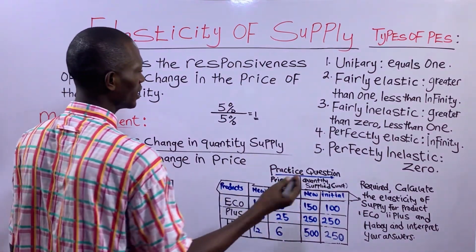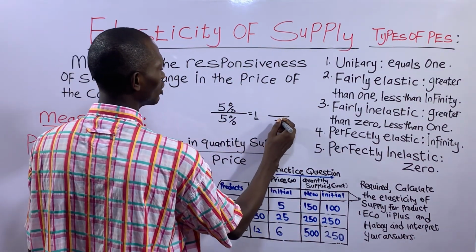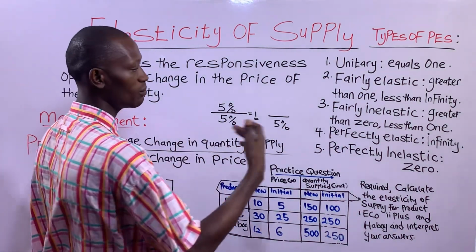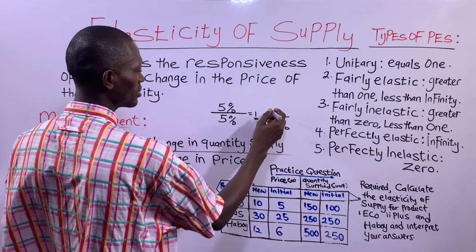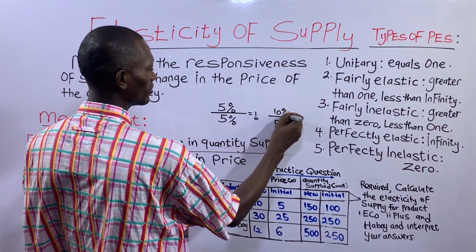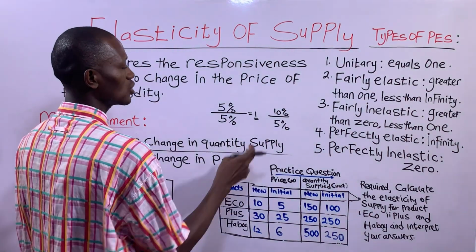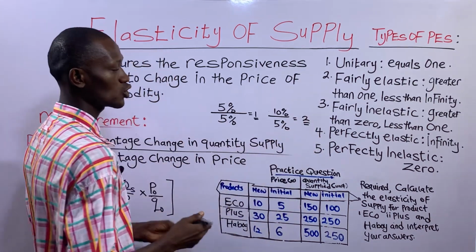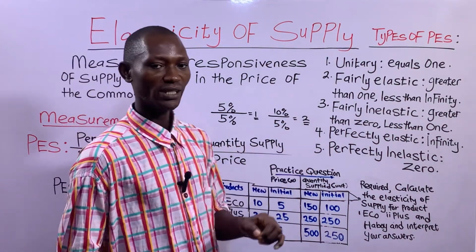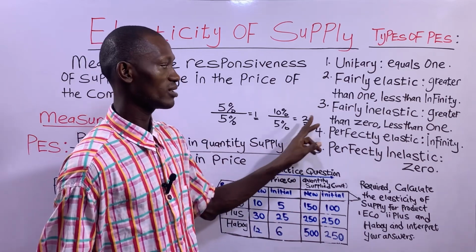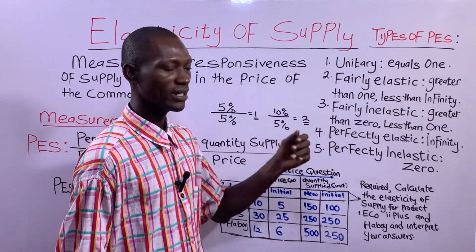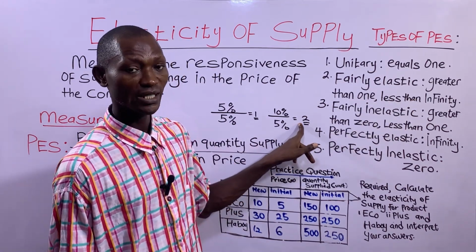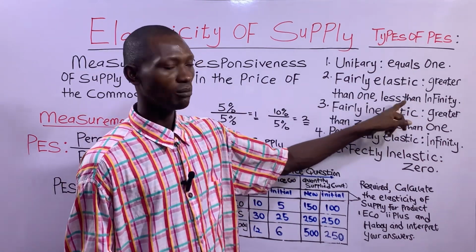So let's say price changes by 5%, and that led to a more proportional change in the quantity supply. Let's say supply changes by 10%. Look at this: 10% divided by 5% gives us 2. So 2, being the price elasticity of supply coefficient, is greater than 1 but less than infinity.